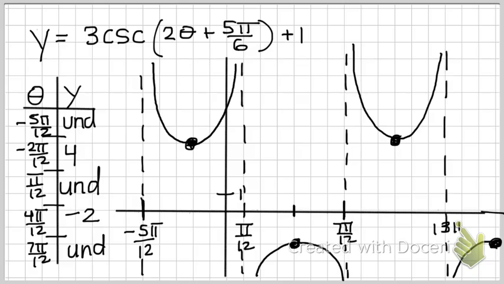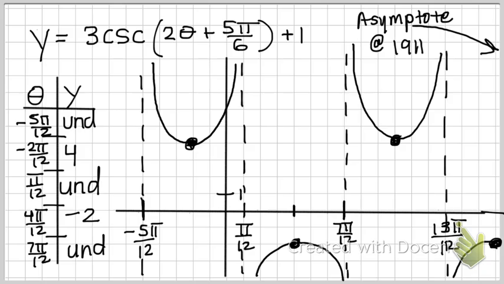So this is at 13 pi over 12. So maybe we can get that point back, and I can point over here and say there's another asymptote at, and then just add 6 to the 13, at 19 pi over 12. You know, maybe the teacher would accept that because everything else looks really nice. Okay, so that is graphing a cosecant function.